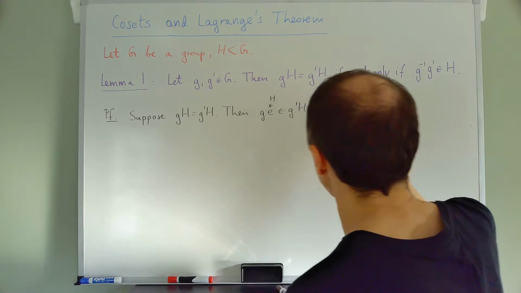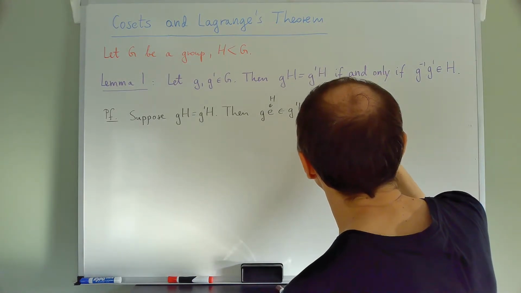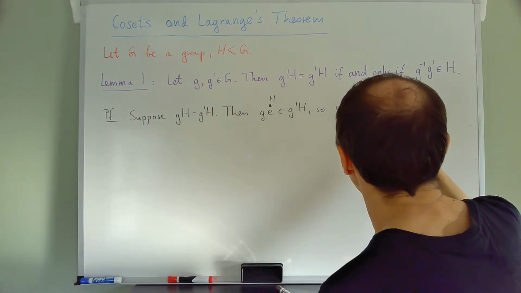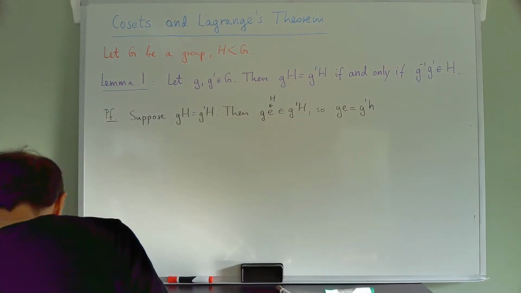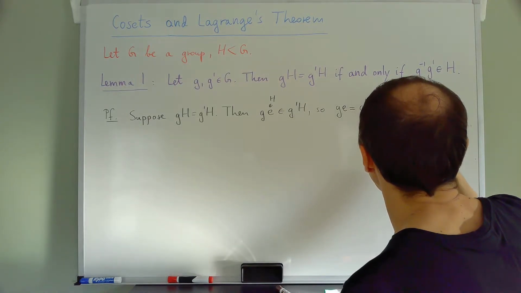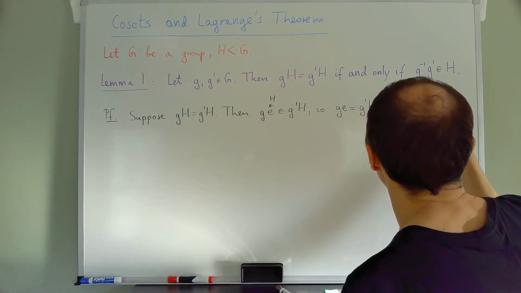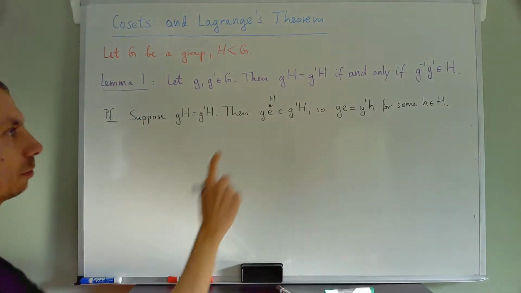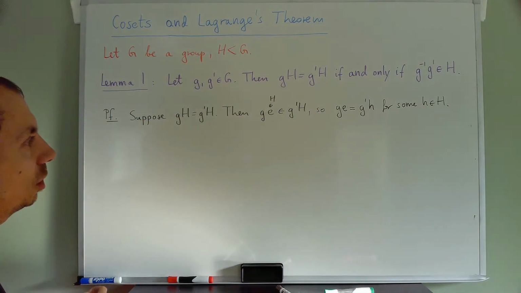So what does it mean to be here? That means I can write g e as g prime times some element h, for some h in H. What do I want to prove? I want to prove something about g inverse g prime.